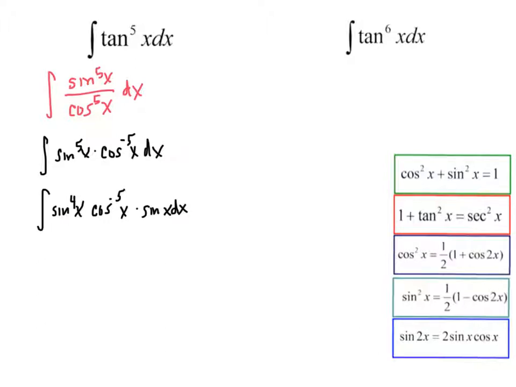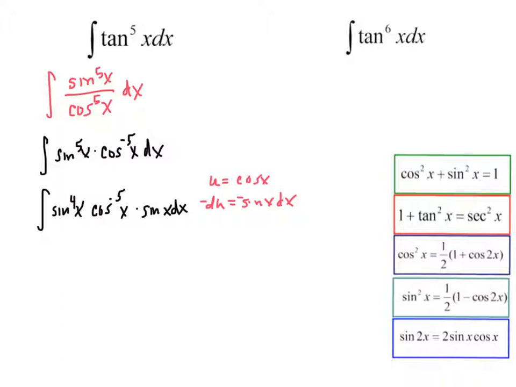So I've created a situation where cosine is going to be my u because my du is the sine. Of course, it's negative, so I'll have to adjust that.